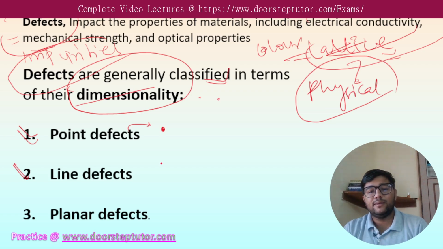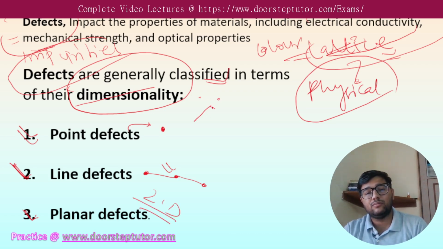Second is line defect, which means the impurities can occur at a point or rows of points or a group of points which can be in a line. That is why it is known as line defect. Third is planar defect, which means two-dimensional, when more than one line gives us a defect. Or a plane of defect means if the whole plane in the crystal arrangement got defected or got impurity, it is known as planar defect.